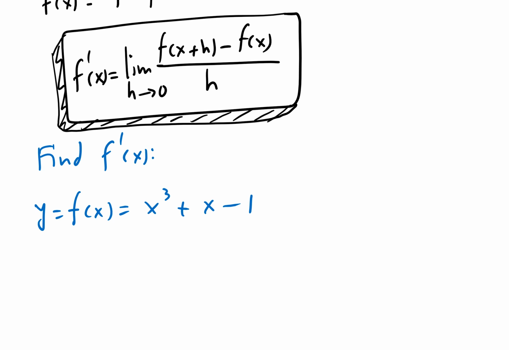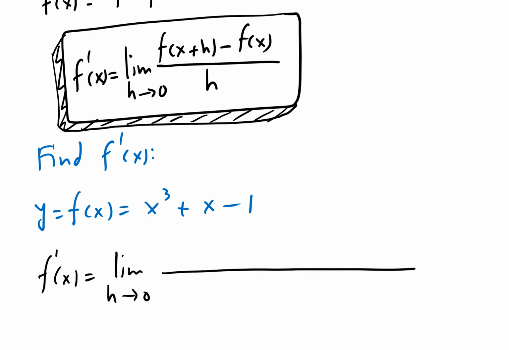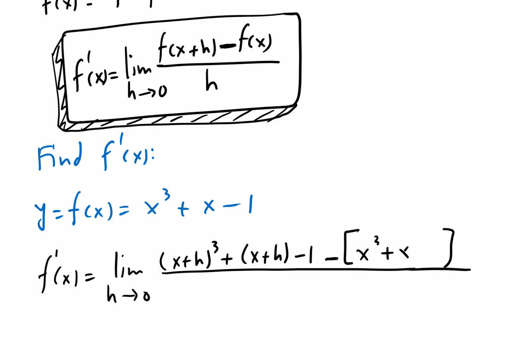So f prime of x is equal to the limit as h goes to 0 of f of x plus h, meaning x plus h cubed plus x plus h. I'm substituting x plus h for every x, minus 1. Then there's another minus, the function itself, which is x cubed plus x minus 1, all over h.